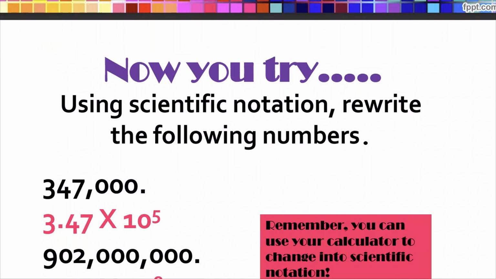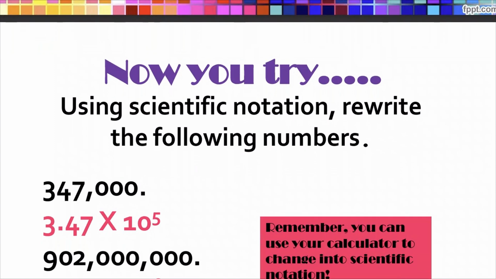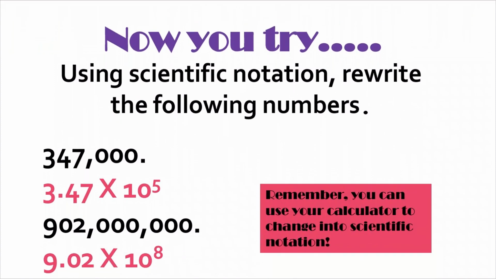Another example, 902 million. Where would the decimal be? First you try before I reveal the correct answer. Okay, here. You see the decimal after 9 and count all digits. If I start counting from 0 after 9 and go up to the last 0, they are 8.